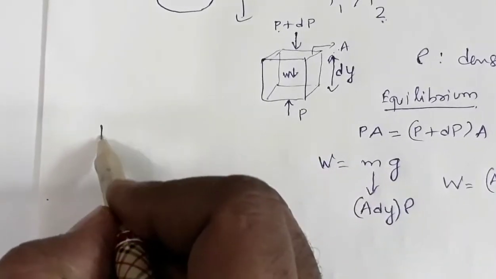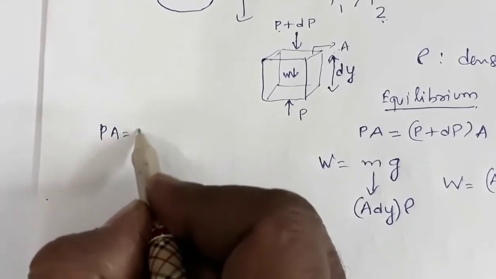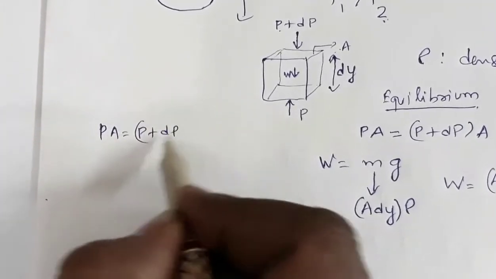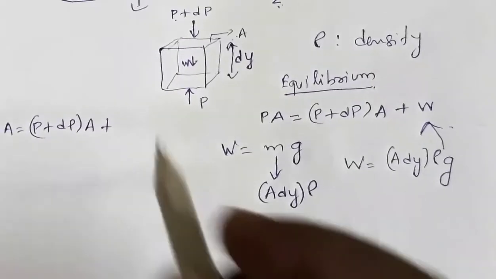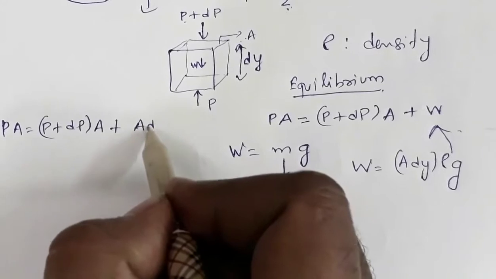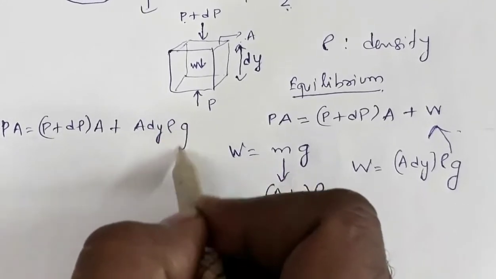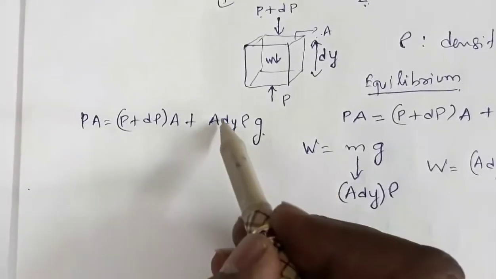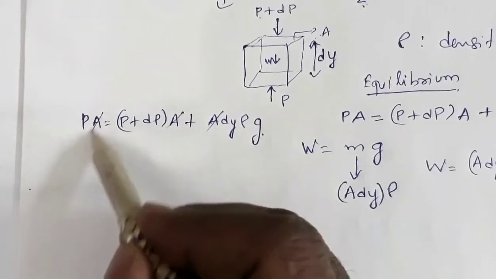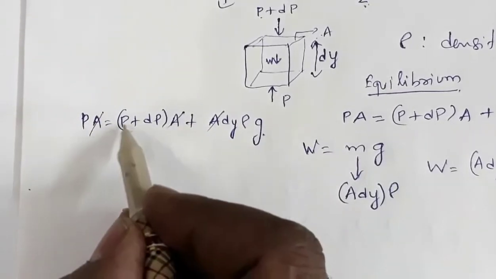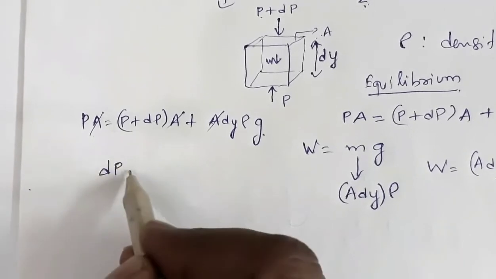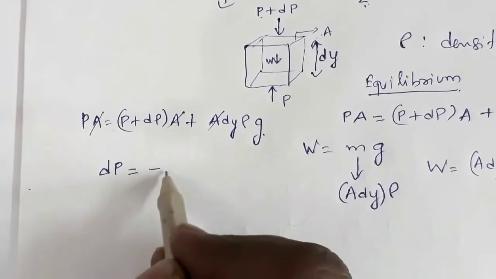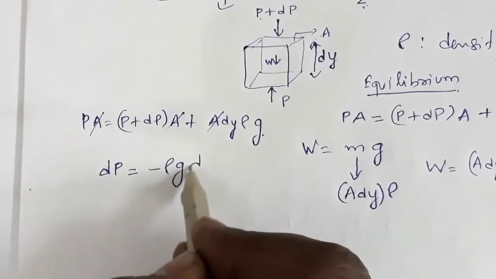We have PA is equal to (P plus dP) into A plus A dy rho g. All A cancels out, this P also cancels out. So finally we are left with dP is equal to minus rho g dy.